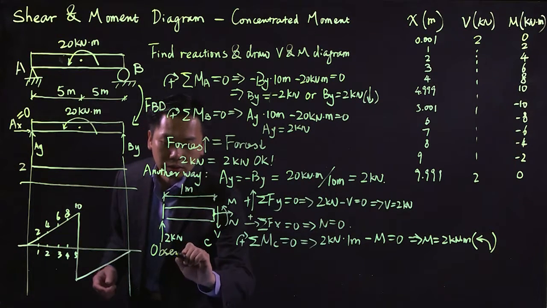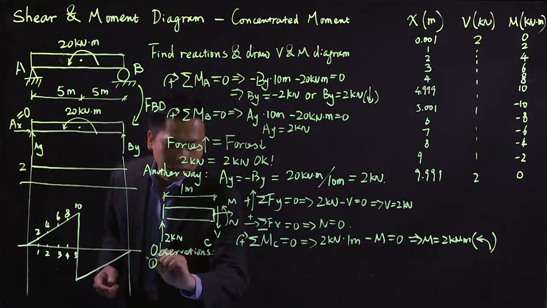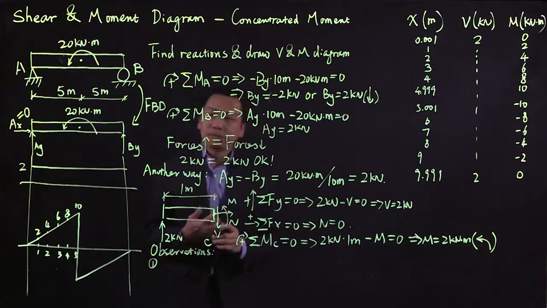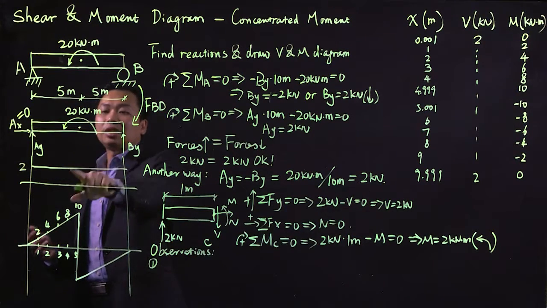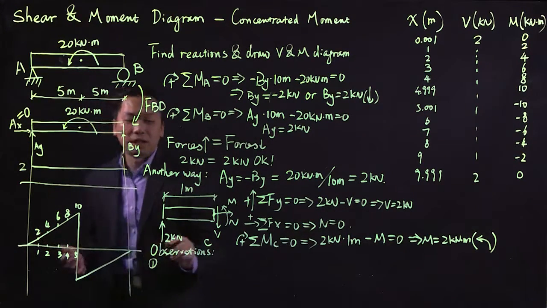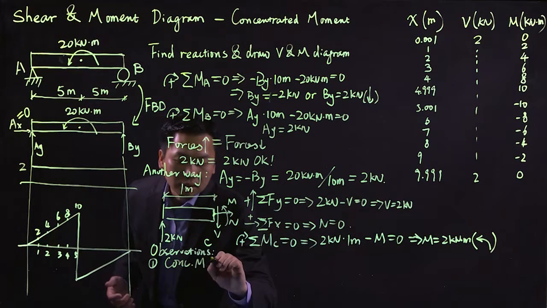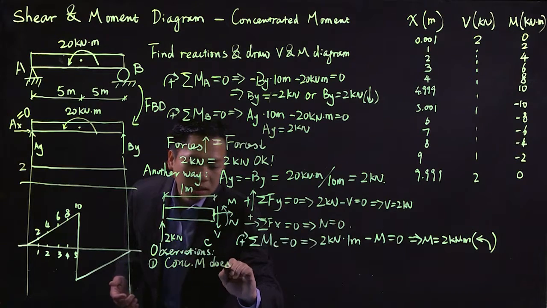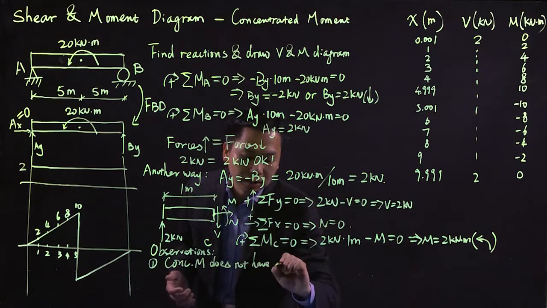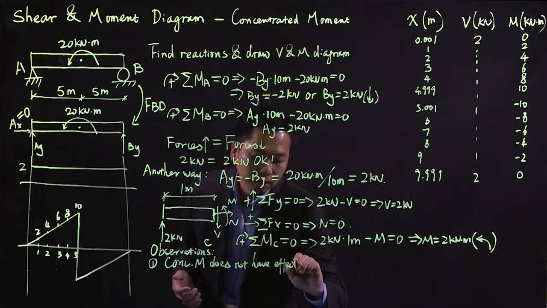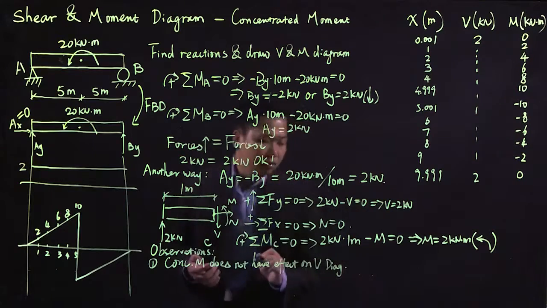Observations. The first observation: if you look at the shear diagram, your concentrated moment does not have any effect on the shear diagram. That is the first thing that we see.